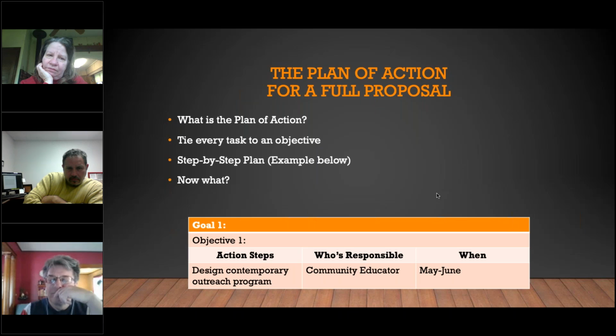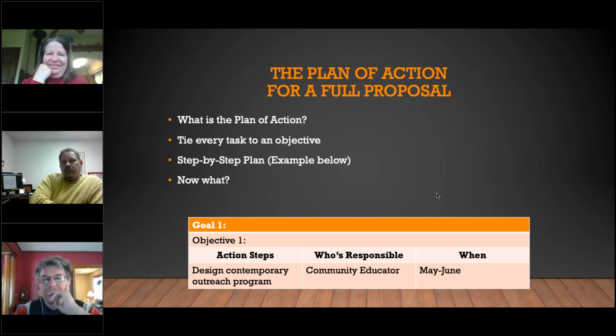So maybe you have someone in your organization that's not too keen on this plan, but if you can get them involved by making sure they have input on what action steps need to be taken, it'll help provide buy-in for them, which will be important once you get your grant and you start implementing these things, to have everybody on staff involved with the grant implementation.